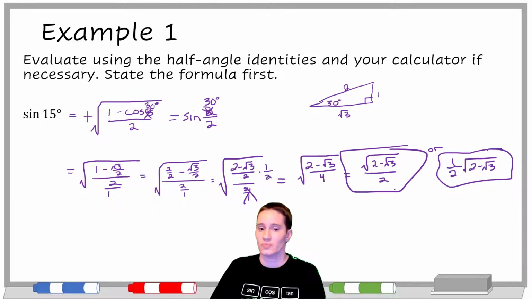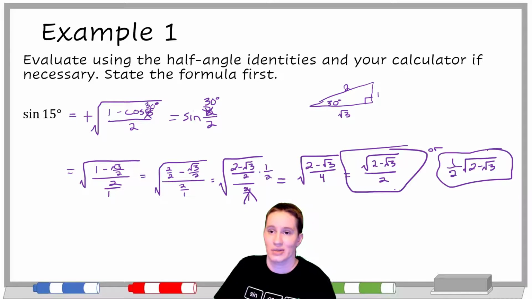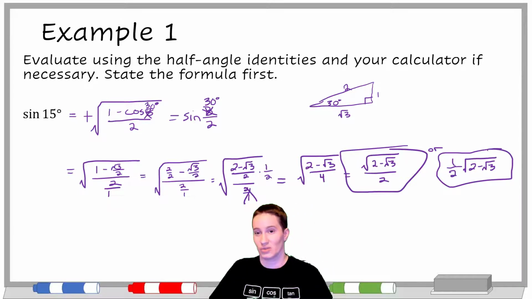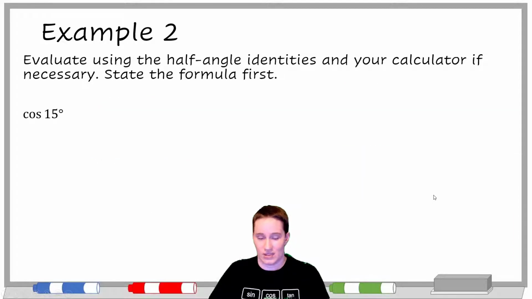Now, all of these, we're going to see similar answers to each other. So for instance, we're going to do cosine of 15 degrees, and it's going to work out very similar.